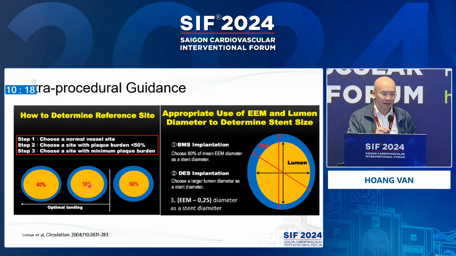The second point, imaging can determine the diameter of the stent size. If we use EEM diameters, then the largest EEM diameter is the stent size. If we use the vessel diameter, then 90% of the vessel diameter is the stent size. As one more option, we can use the vessel diameter minus 0.25 as the stent diameter.